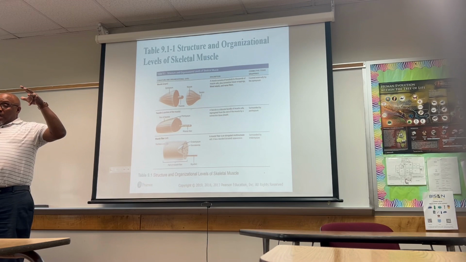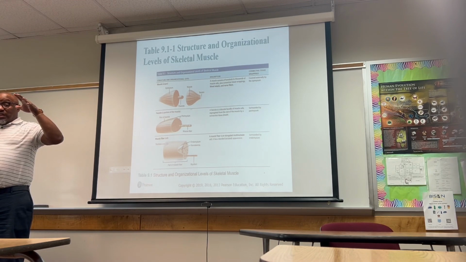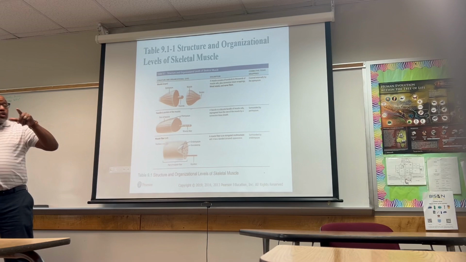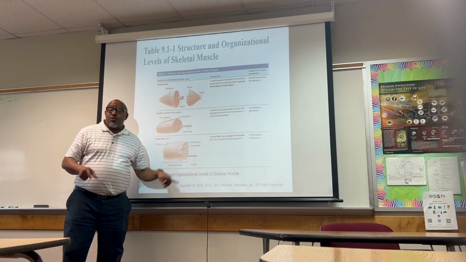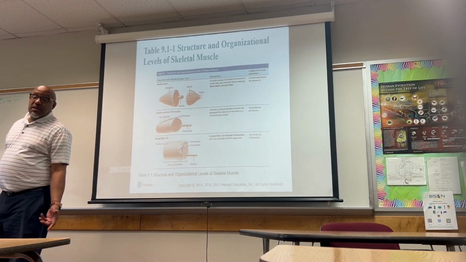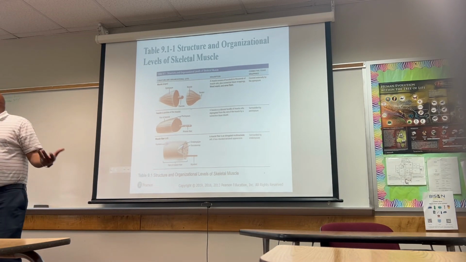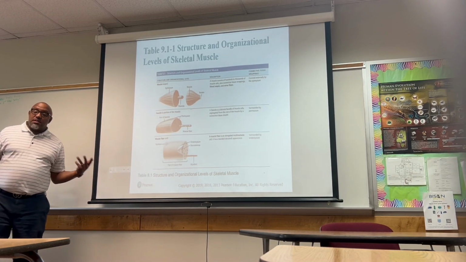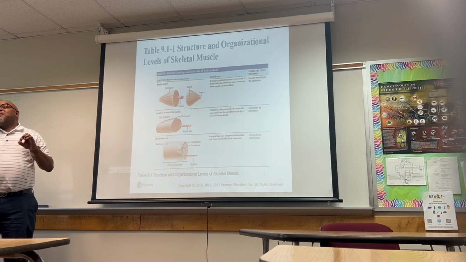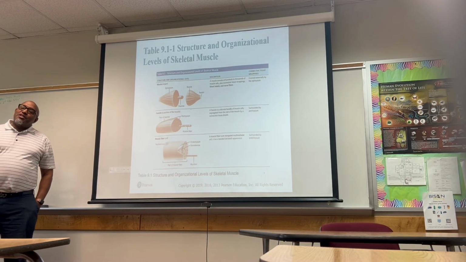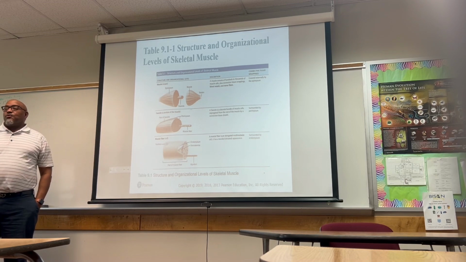But as you increase muscle strength, what you really can do is increase the number of myofibrils in a muscle cell, but you don't literally increase the number of muscle cells. Let me back up. You can increase the number of muscle cells slightly. So let's say, for instance, I've never been to the gym. I got 80 muscle cells in my bicep. I start going to the gym, I might get to 120.